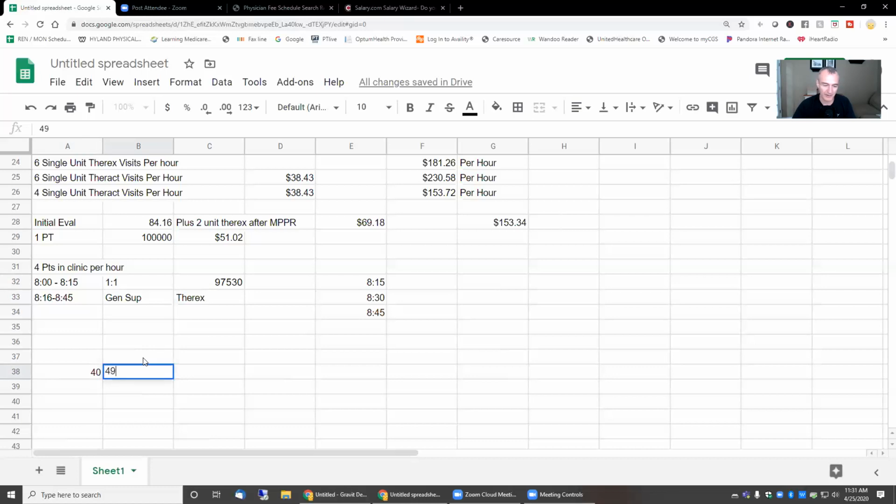The therapist is working 49 weeks out of the year, and they're generating, I'm going to go with the lower of the 2 numbers, I'm going to say $150 an hour. Okay, so that's going to equal that times that times that. In an amazing world, we're looking at close to $300,000 a year. 100 of that is going to the therapist. That's a perfect scenario. It's never going to happen.